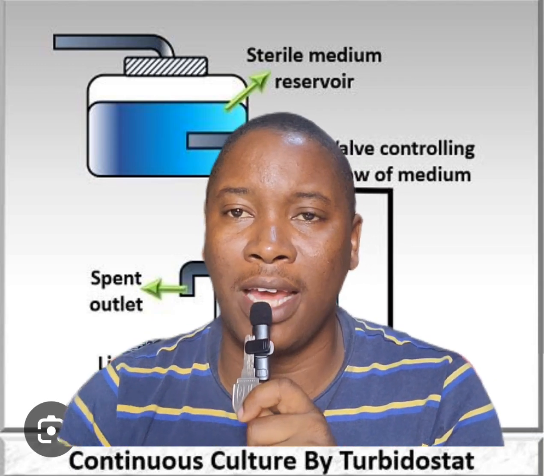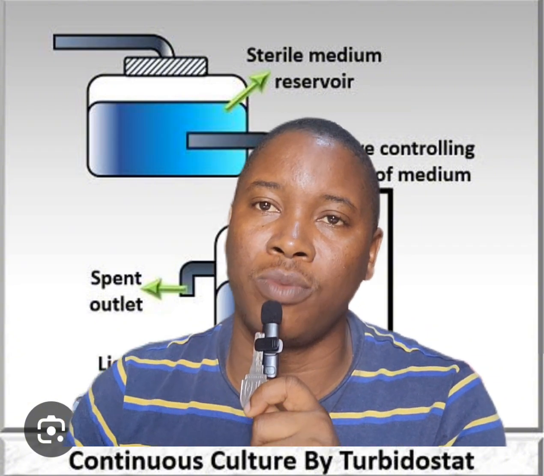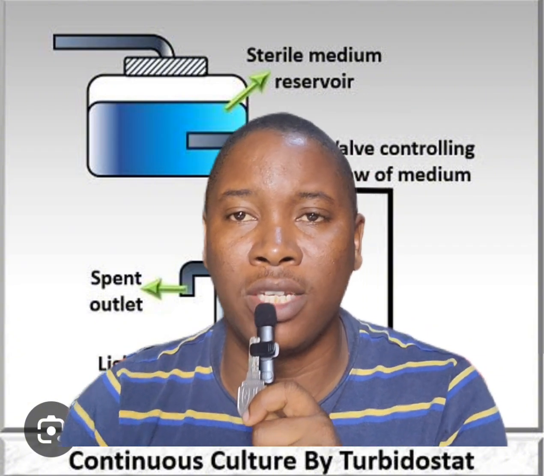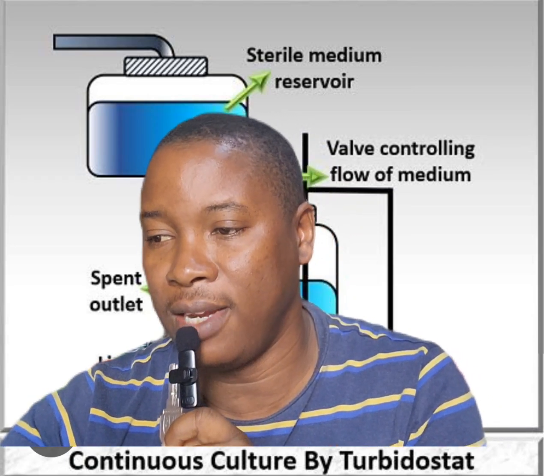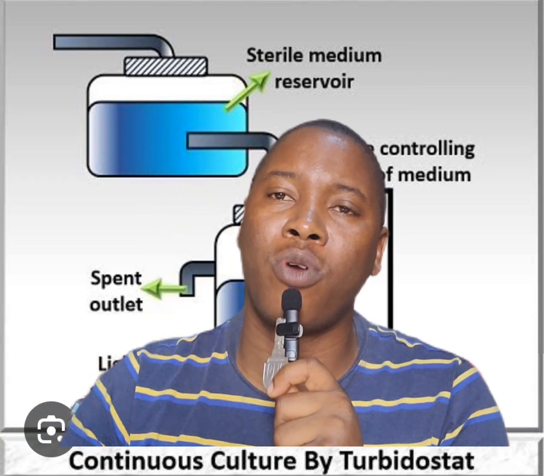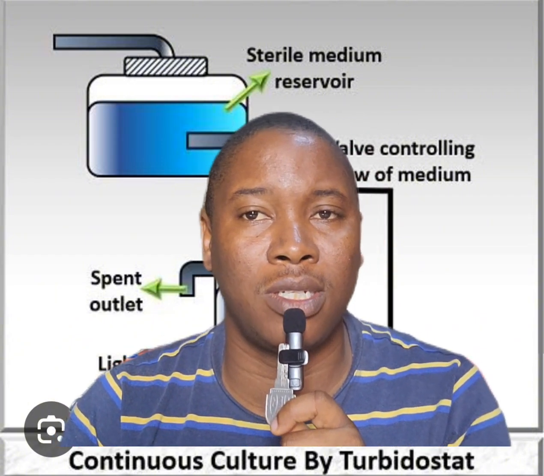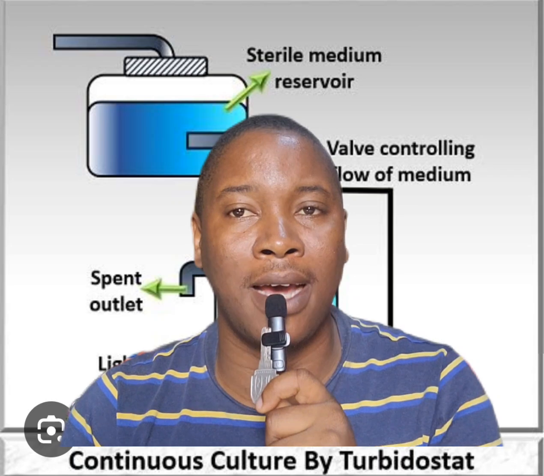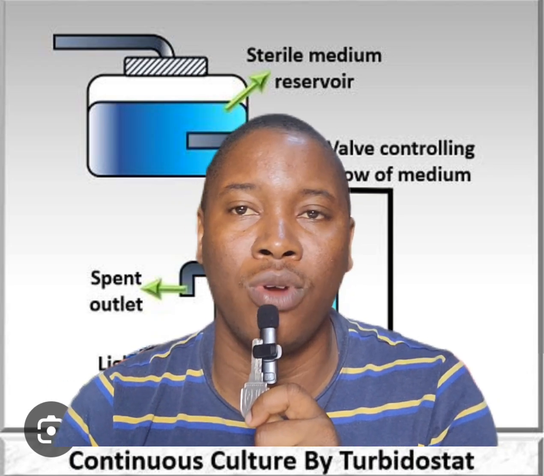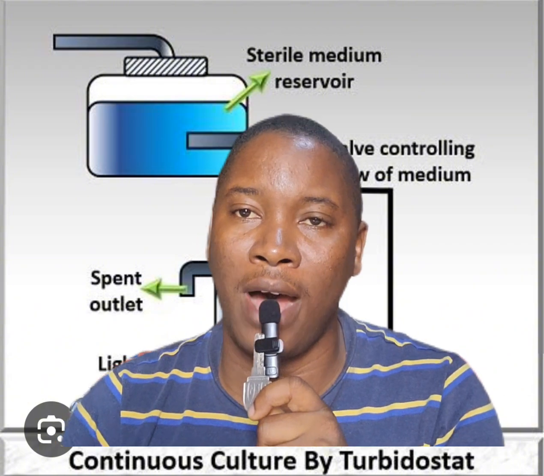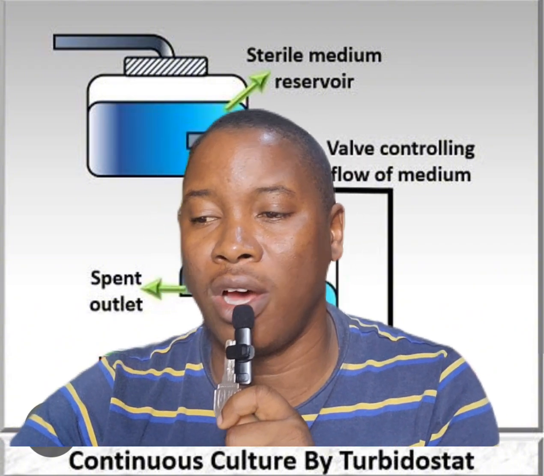So a continuous culture system can also be run using a turbidostat. And if this is done, you still have the production of many different types of organisms. You also have what we call an optical density sensor, because anytime we are dealing with turbidometry, we're looking at optical density, how dense or not the solution is. That would tell you how much microbial growth you have or how little microbial growth you have occurring within that system. So all these things are important.